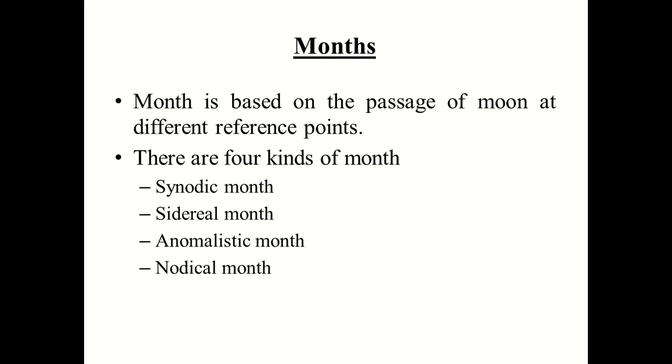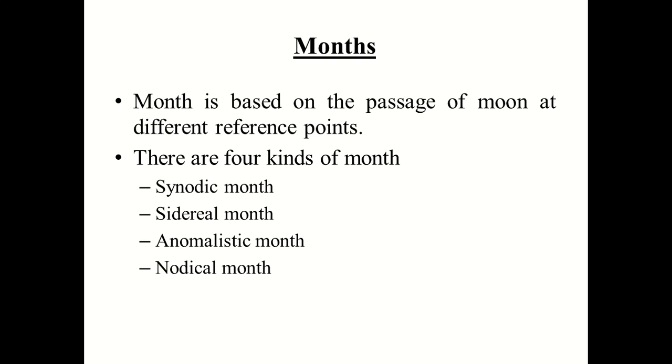So we'll consider the position of the moon at different reference points. We can define the month, and there are four kinds of month we can define here: the synodic month, sidereal month, anomalistic month, and nodical month.